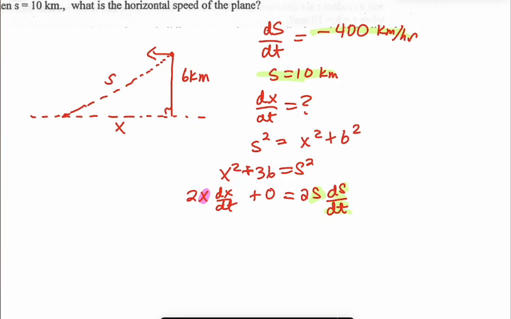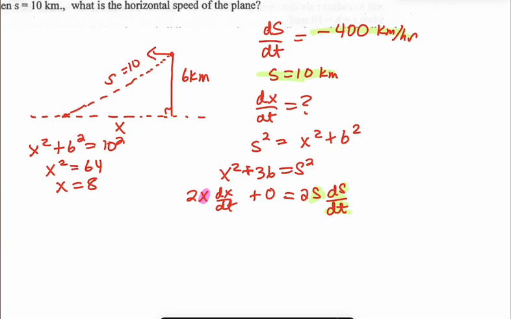But at the exact moment when s is 10, if I know two sides of a right triangle, how do I find the third? Pythagorean theorem, that's what we use from the start. So x squared plus 6 squared has to equal 10 squared at that exact moment. 100 minus 36 is 64, and the square root of that is 8. So we know that x is 8.